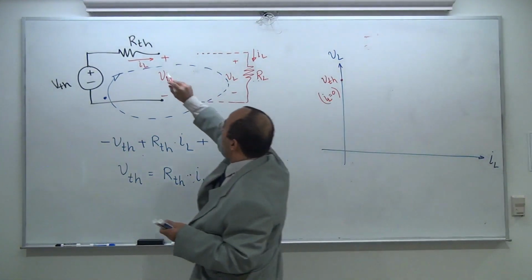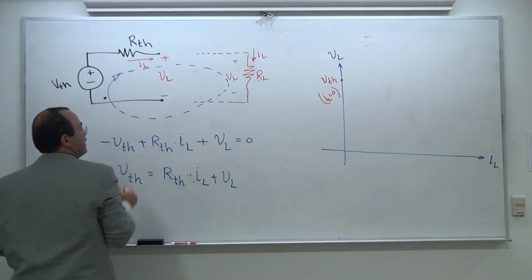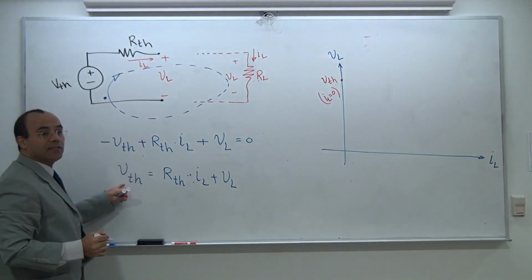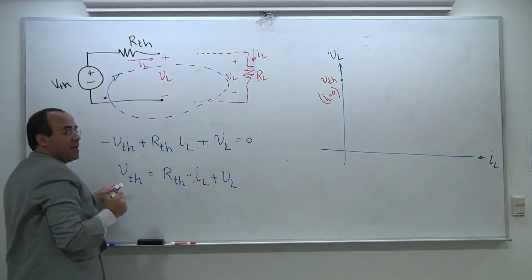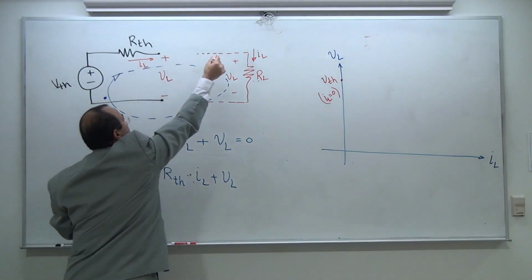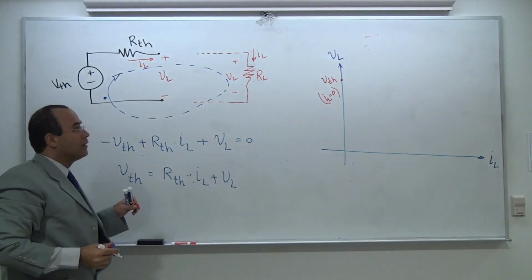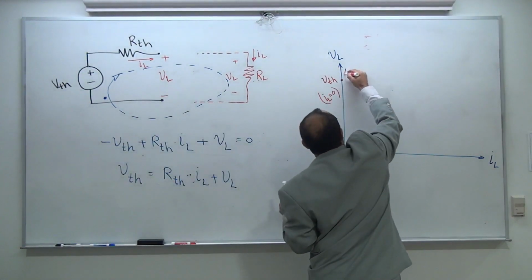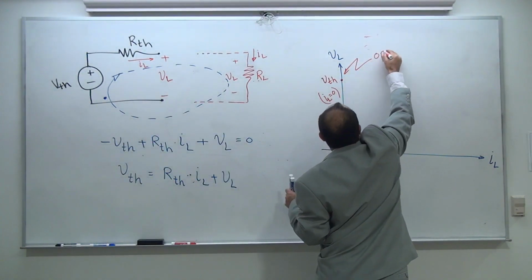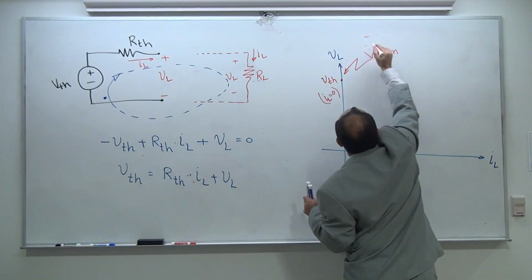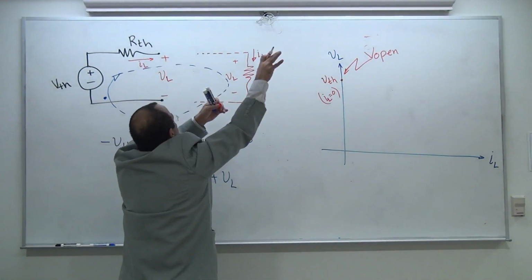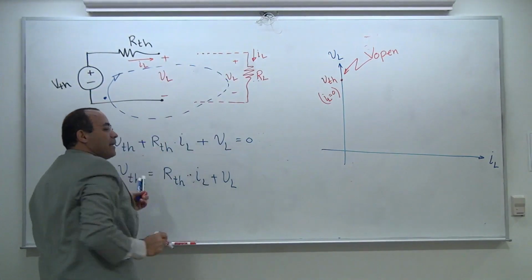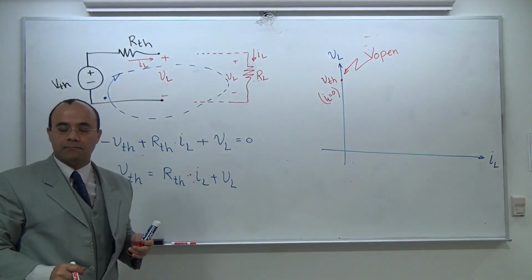If IL is 0, VL and V Thevenin are the same. If IL is 0, this is open. So basically, I'm identifying this node as the open voltage. I'm going to leave this open, and whatever VL is, that's my V Thevenin.